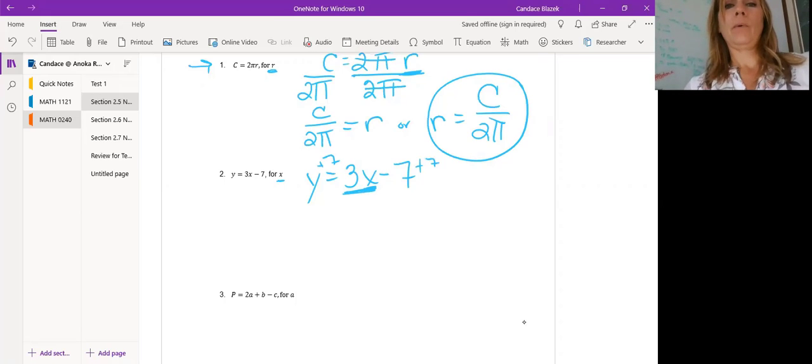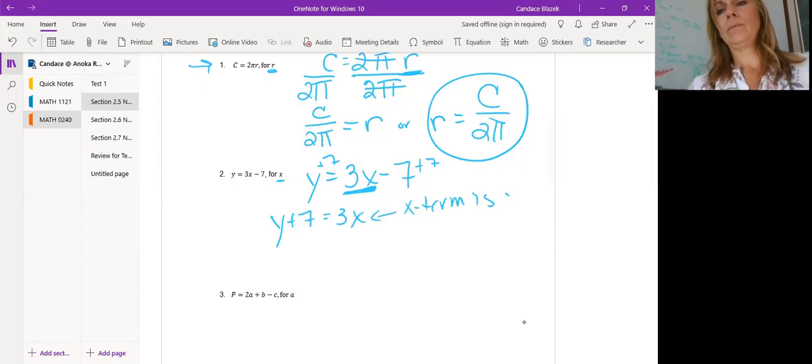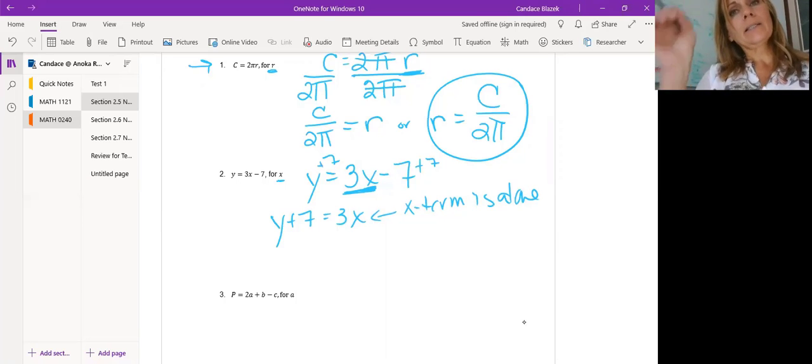All right, so what remains is y plus 7 is equal to 3x. Now notice that my x term is alone, and that's a good thing because I want to get that x completely alone by itself on one side. So that was a great step.